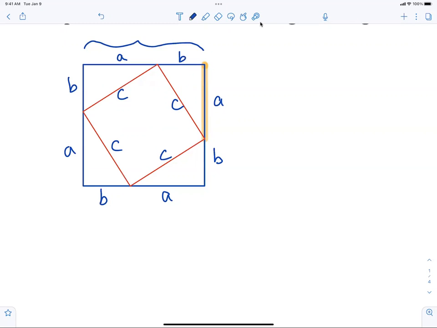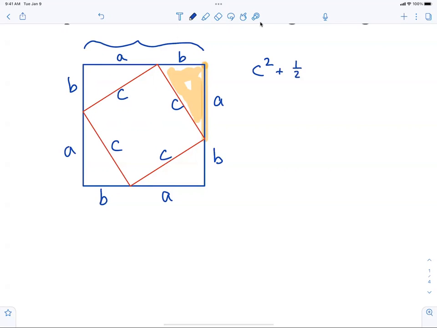Now, again, what is the area of the small square? Say it, come on. C squared is the area of the small square. Now, what's the area of this triangle right here, guys? No, 1/2 AB, right?